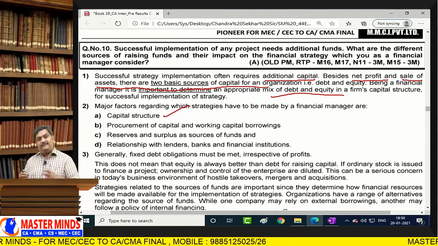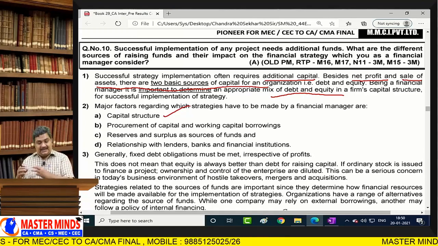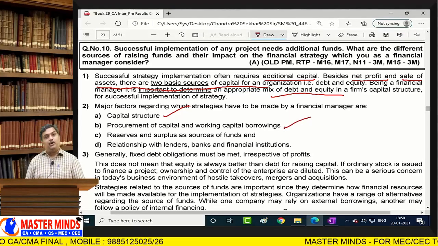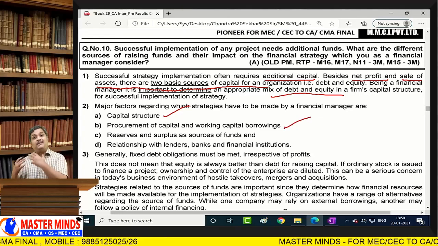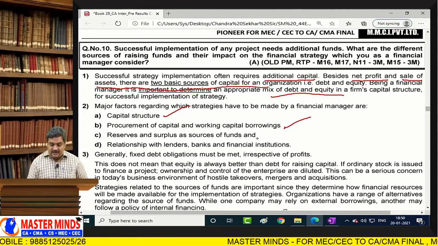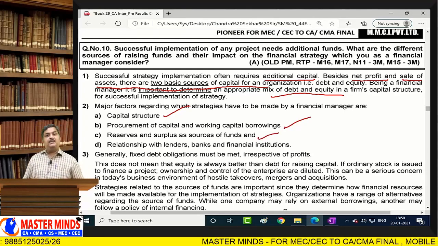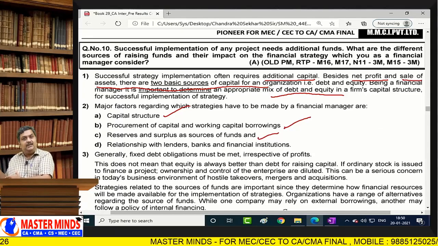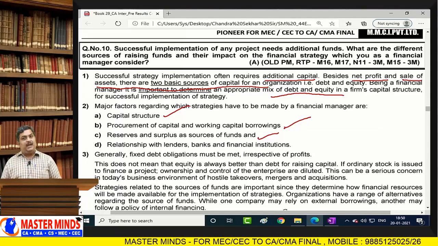The finance manager has to decide the appropriate capital structure, and he has to decide about the procurement of capital and working capital borrowings, from where we get the money for working capital. And reserves and surpluses. Yes, we will have a lot of reserves, reserve for bad debts and all, and we will have some net profit.